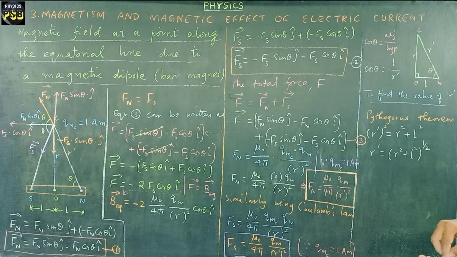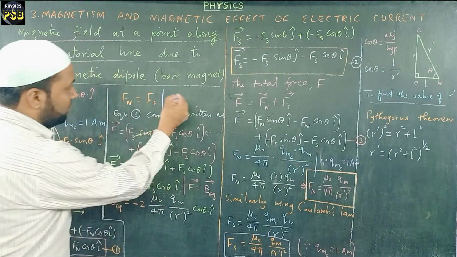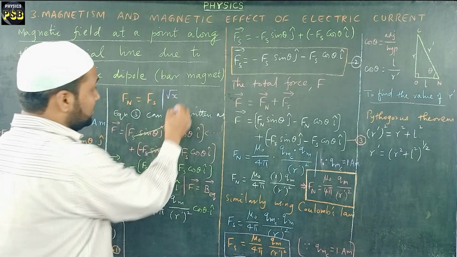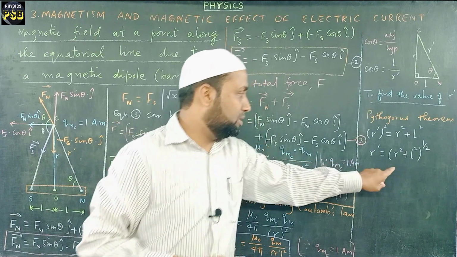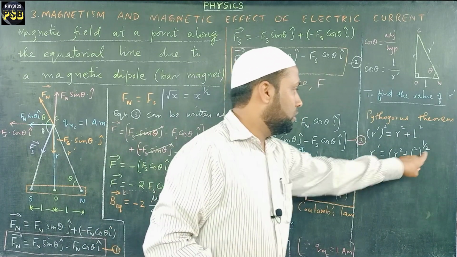Let me show the term here. If you have root of x, then this can be written as x power half. This is what I have done here: instead of root of this value, I have written power half.